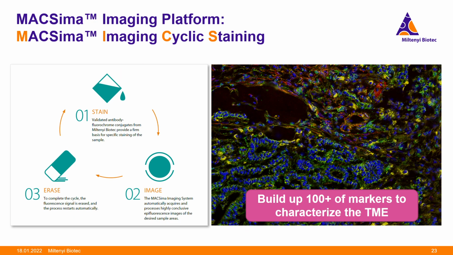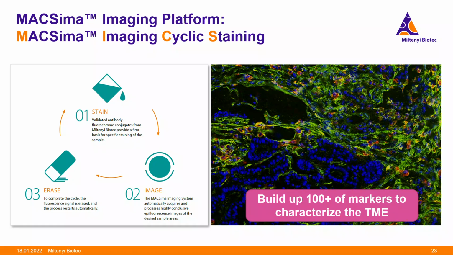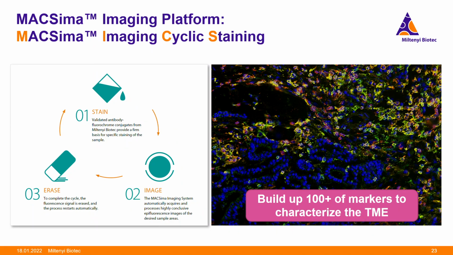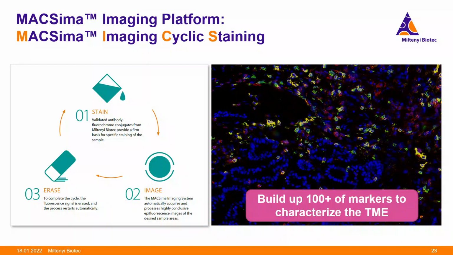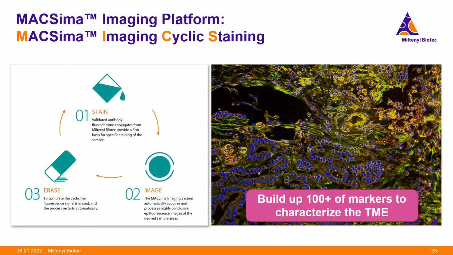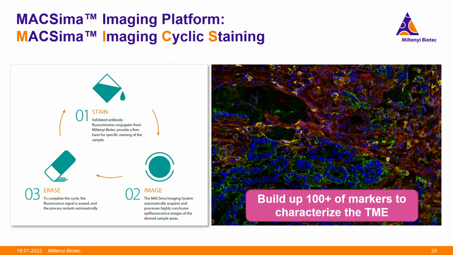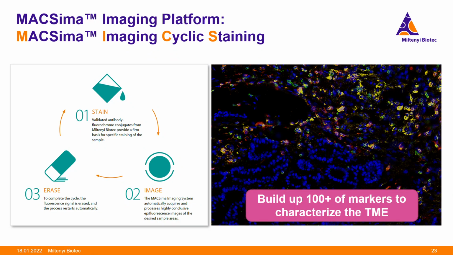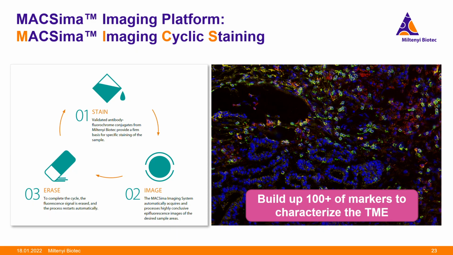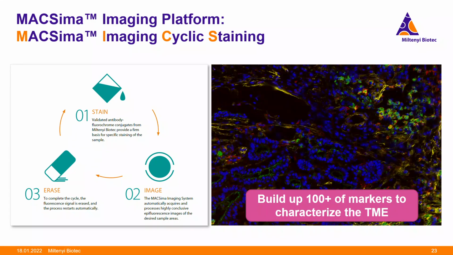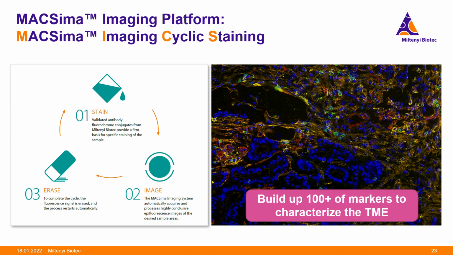There are many ways to approach multiplexing. In our case, our approach is based on immunofluorescent cyclic staining, which we call MACSima imaging cyclic staining, or MICS for short. In this approach, we stain the prepared tissue with up to 3 primary conjugated fluorescent antibodies, and that's done within our system.